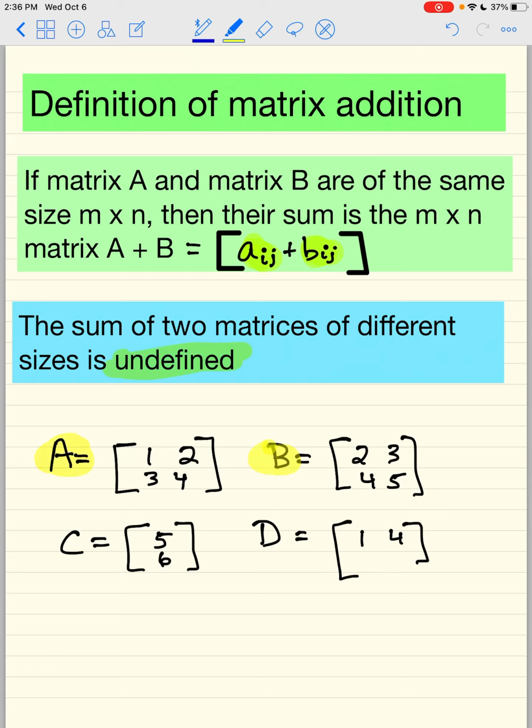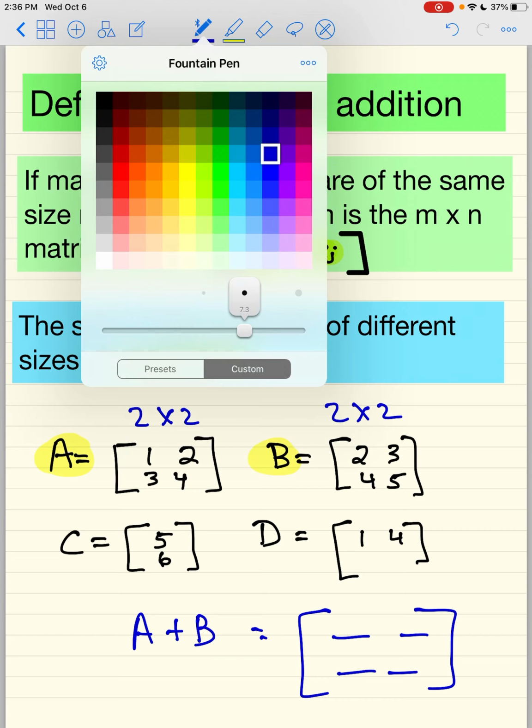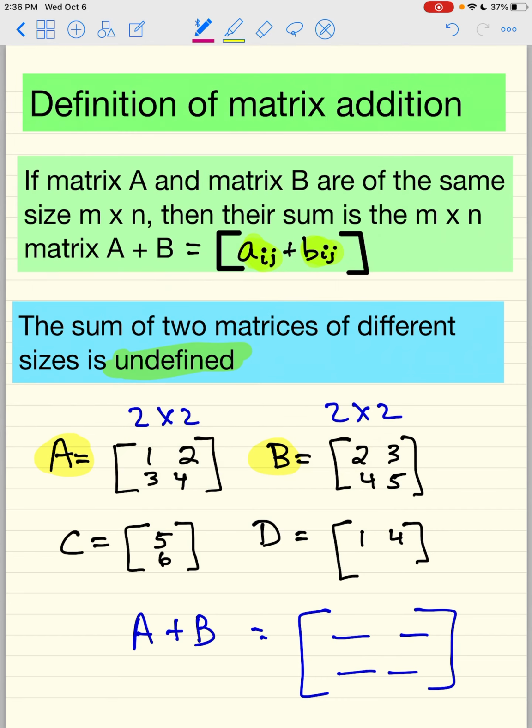So in this case, the only thing that we could add is A and B. Because this is a 2 by 2 and this is a 2 by 2, you're going to get a 2 by 2. I love to fill in the numbers. So let's say you wanted this number here. Then you go here and you add them.